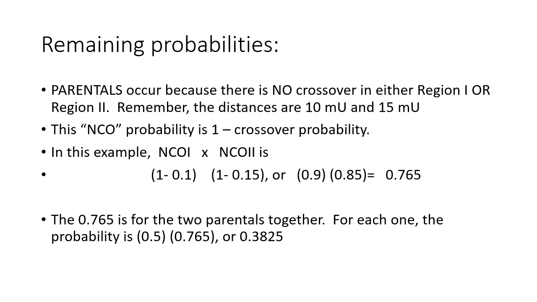So in this example, the probability of not crossing over between A and B is 1 minus 0.1, which is 0.9. And the probability of not crossing over between B and C is 1 minus 0.15, or 0.85, which multiplies out to be 0.765. Now again, that's for the two parentals together. For each one, it's half of that, which is 0.3825.